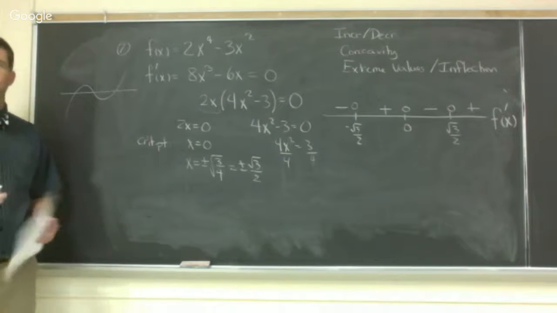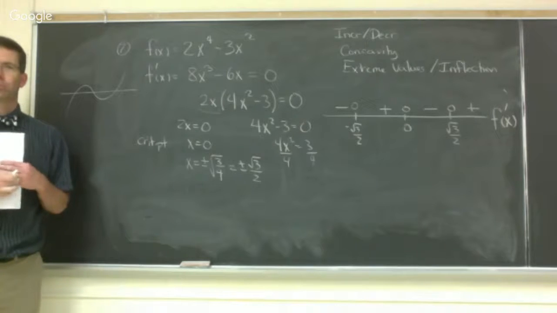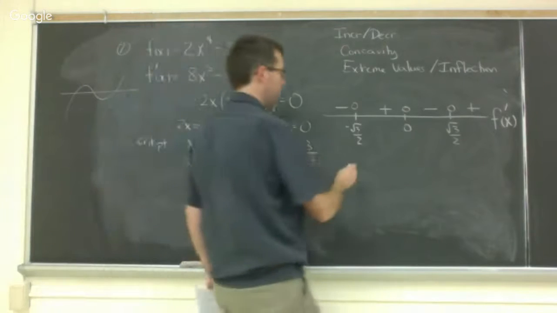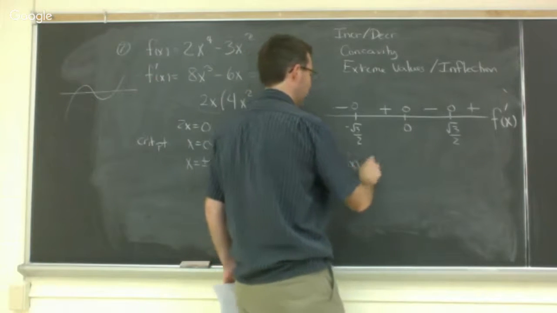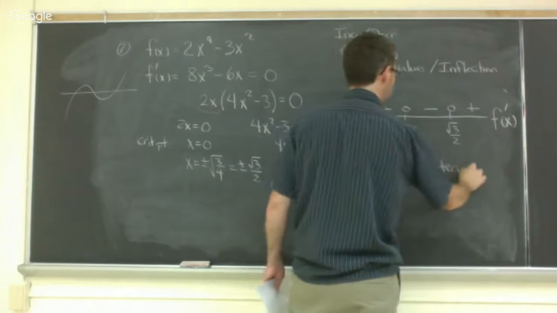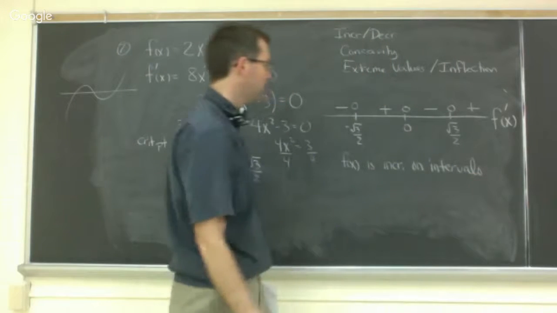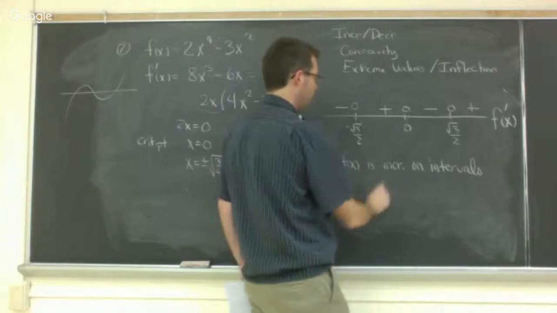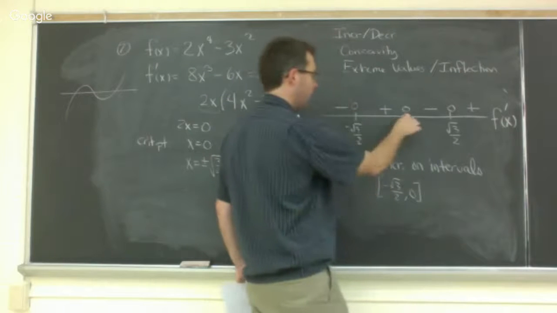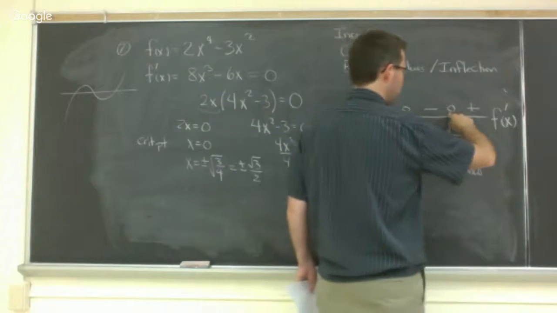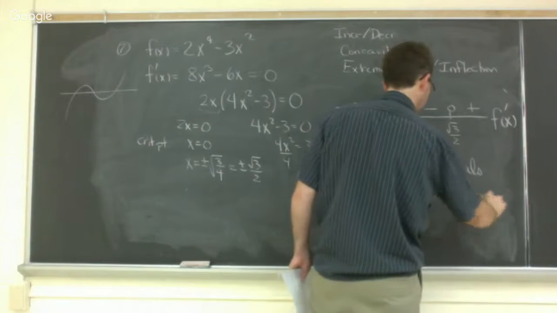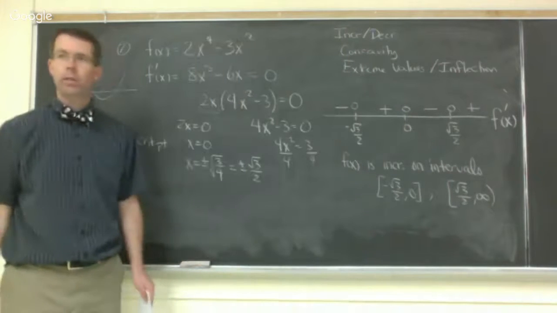How would I interpret this? This is increasing, decreasing. So we would say f of x is increasing on intervals where it's positive. And so it's going to be the interval negative root 3 over 2 to 0, so from here to here. And then from square root of 3 over 2 forever after, that's where it'll be increasing.